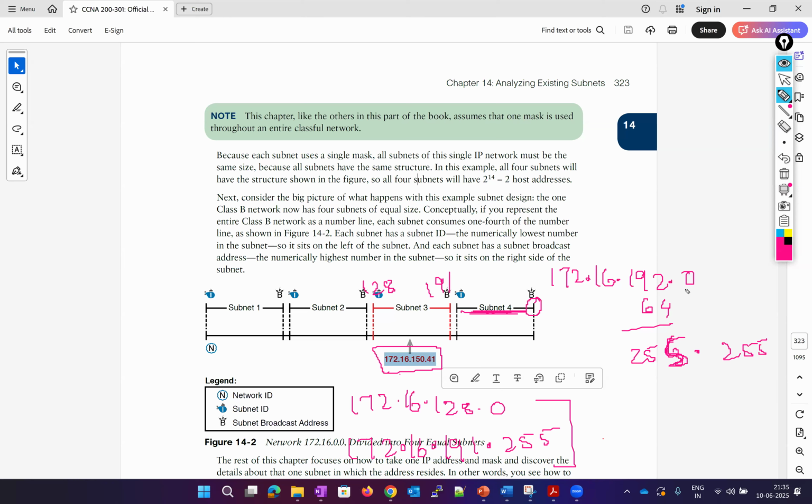So 172.16.192.0, 172.16.255.255 is your broadcast ID for the fourth subnet. All right, clear? Any question?